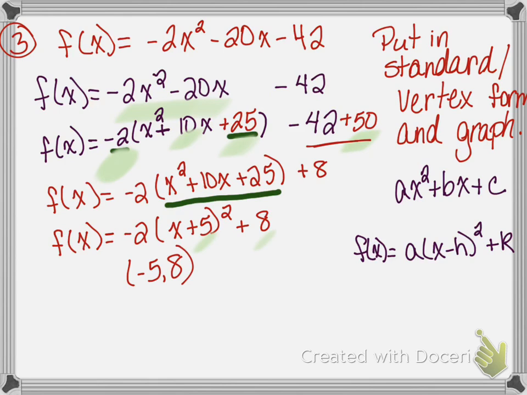My vertex, or the shape of my graph, is going to look like this. It's going to be upside down because of the negative. My stretching and shrinking factor is 2. So if I were to graph this, I would go over 5 and up 8.